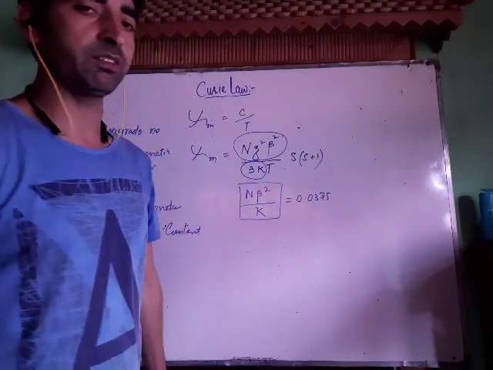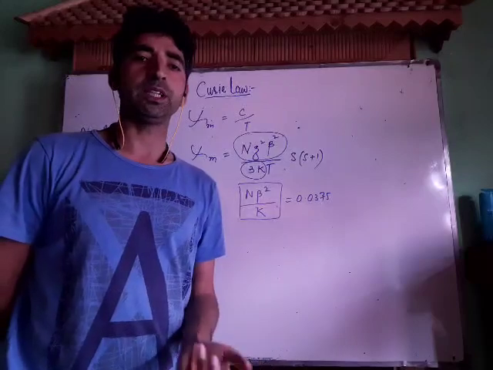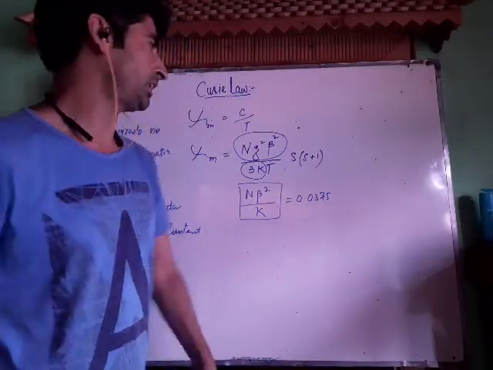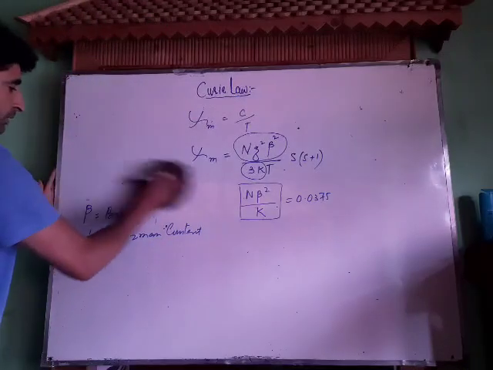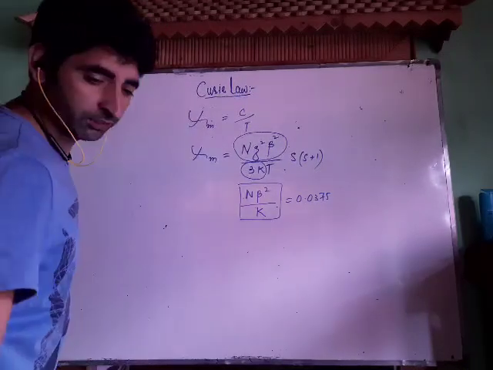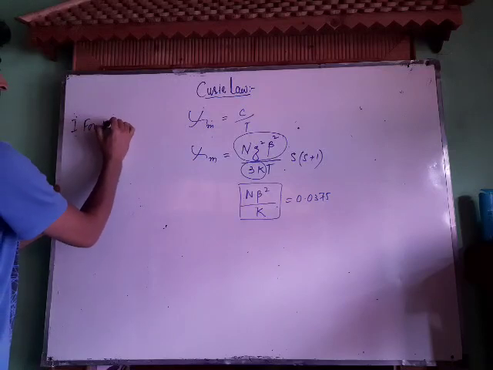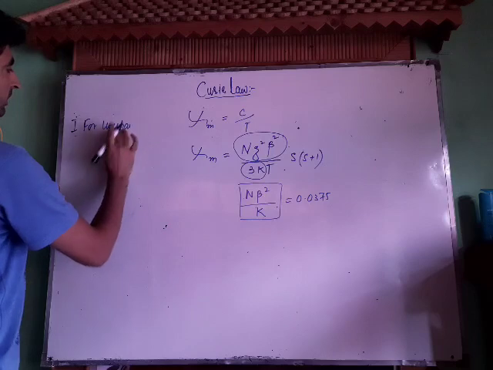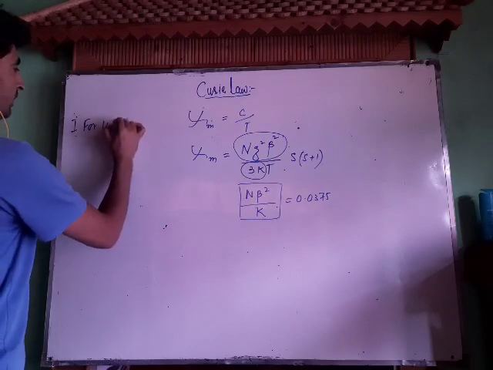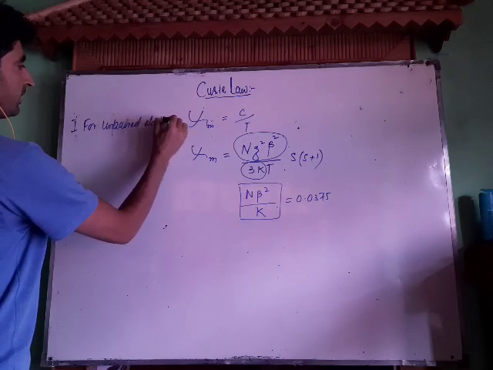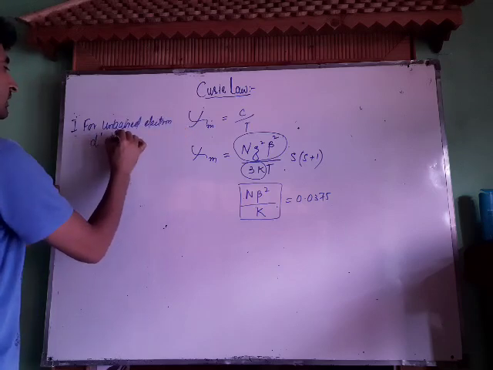Now we'll apply this equation for different types of compounds, ions or complexes, which have different numbers of unpaired electrons. For example, if we have one unpaired electron, that means, for example, a d1 species.